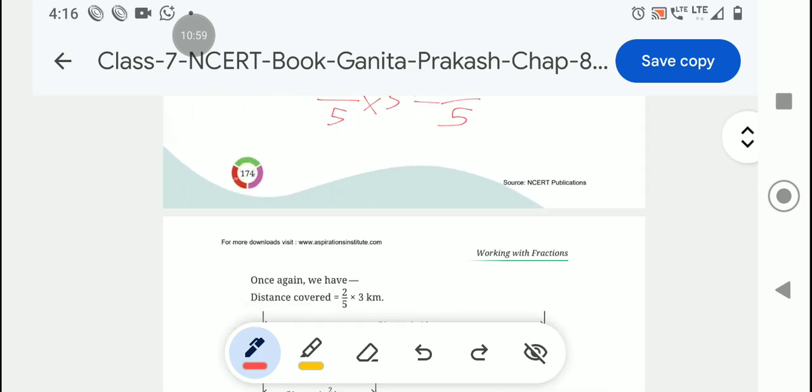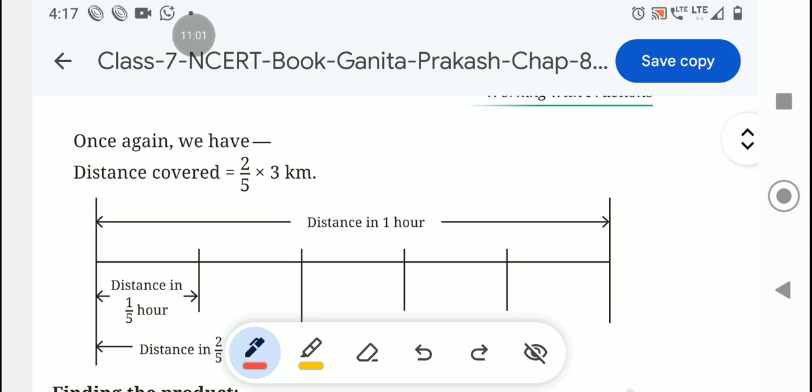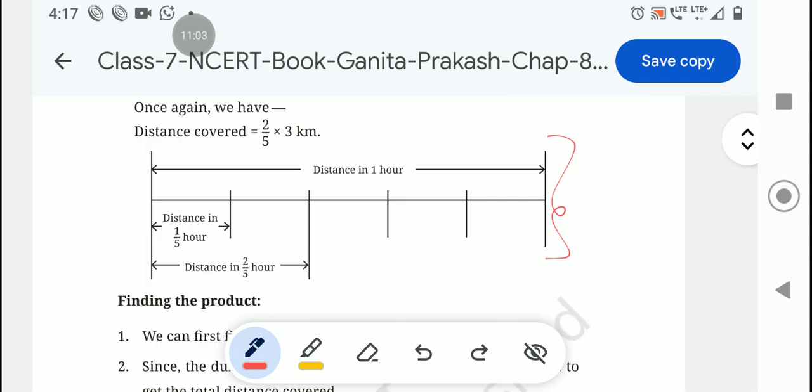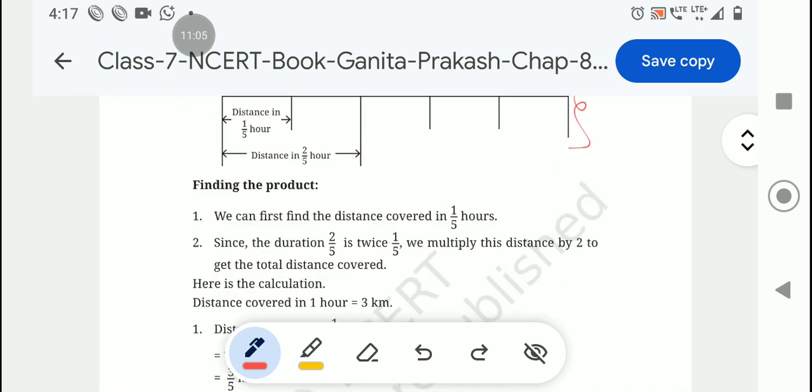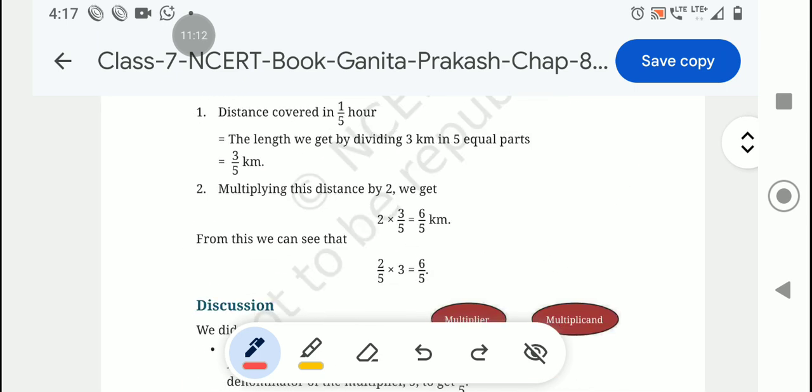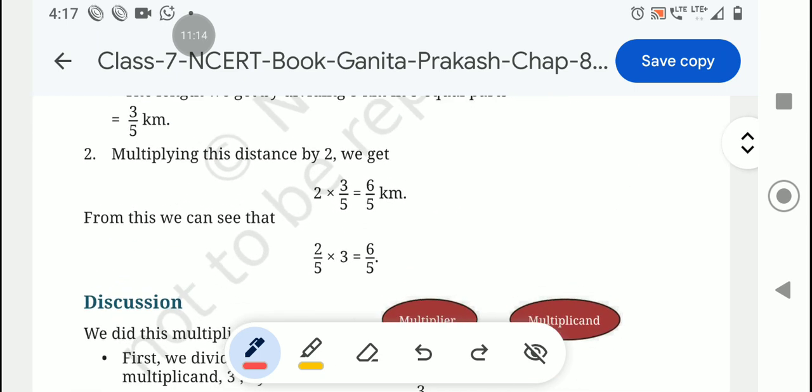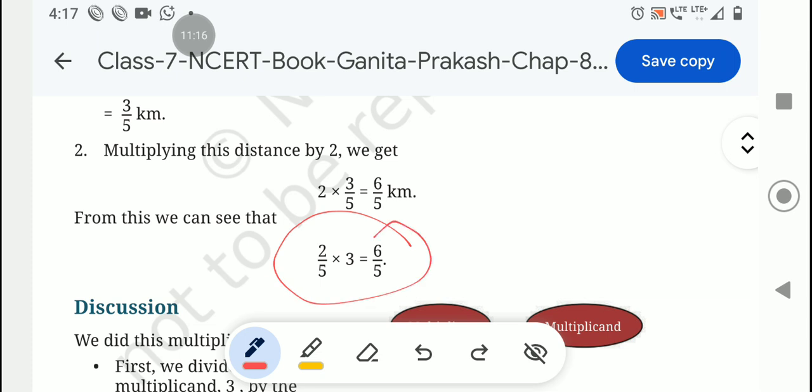So let's go for the next. They have given a diagram and explained what to do. First we have to find the distance covered in 1/5 hours. So the direct and exact answer is 6/5.